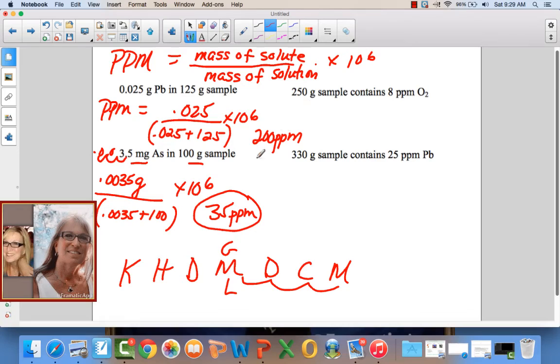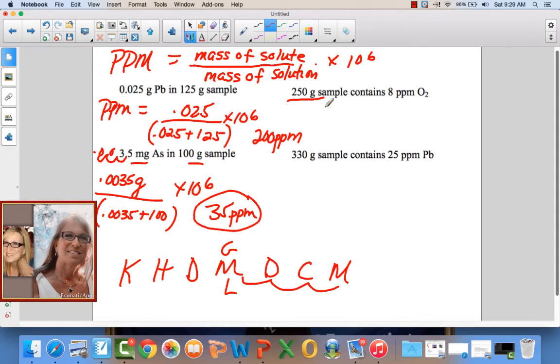All right. On the right side here, I've mixed it up. I've given you the grams and samples. 250 gram sample contains 8 parts per million. We want to know what the mass of the solution is. We are trying to find the denominator.